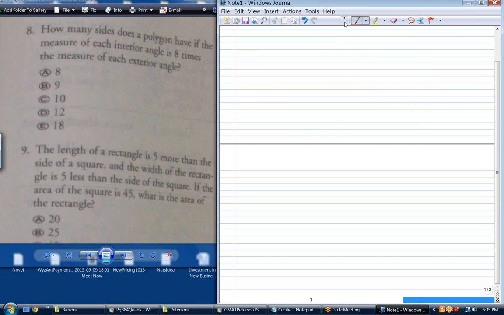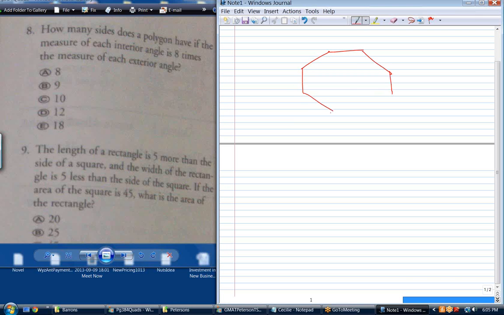How many sides does a polygon have if the measure of each interior angle is 8 times the measure of each exterior angle? Now, you understand interior angles and exterior angles?